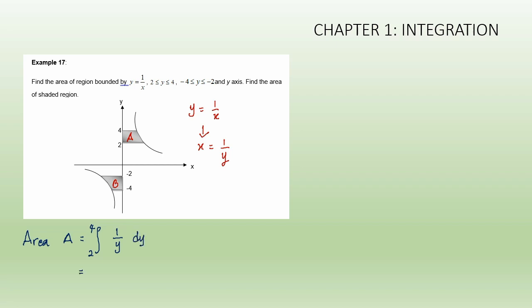The integration of 1/y gives ln y from 2 to 4, and substituting the values, we have ln 4 minus ln 2. So the answer for area A is 0.693.